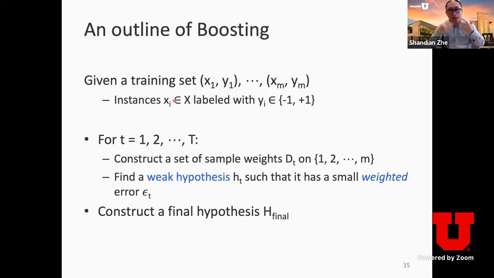But I want to emphasize the intuition behind this algorithm framework. This is a sequential, iterative algorithm. In each iteration, we amplify the importance of those examples misclassified in the previous rounds of learning, and we want to find a new hypothesis which can better deal with those hard training examples. At the beginning, every example is viewed as equally important, and then every time you make some mistakes with the current hypothesis.